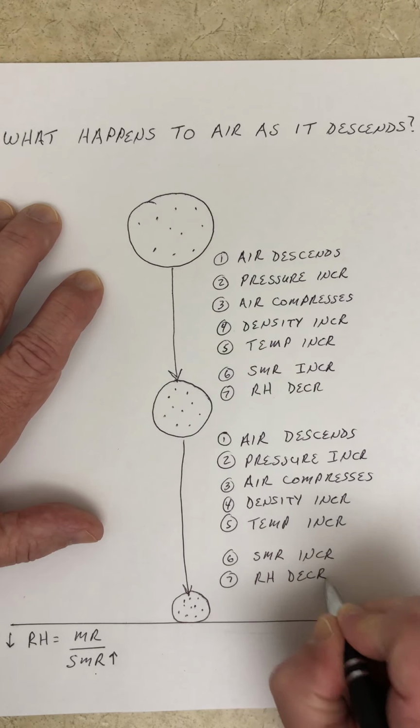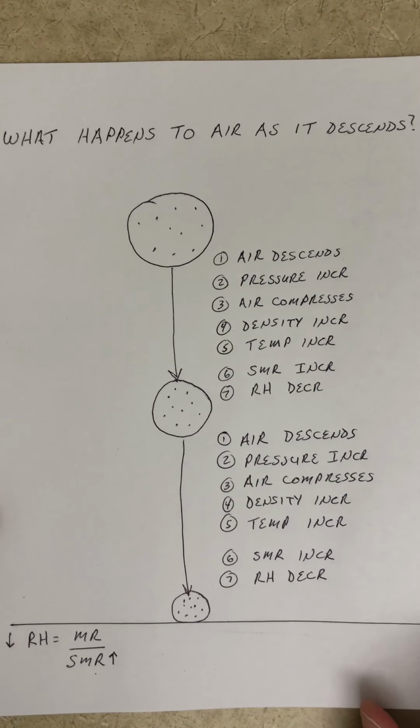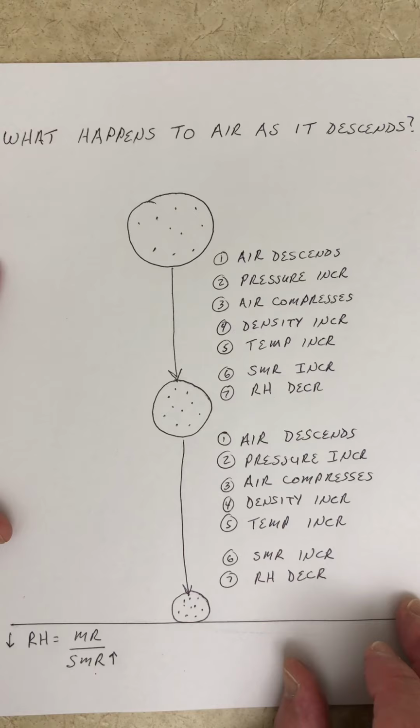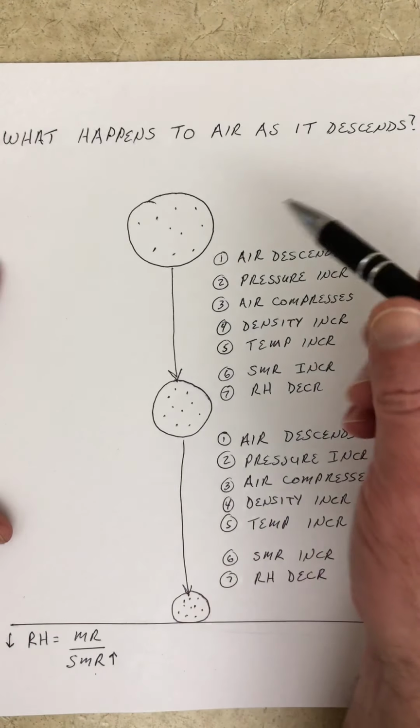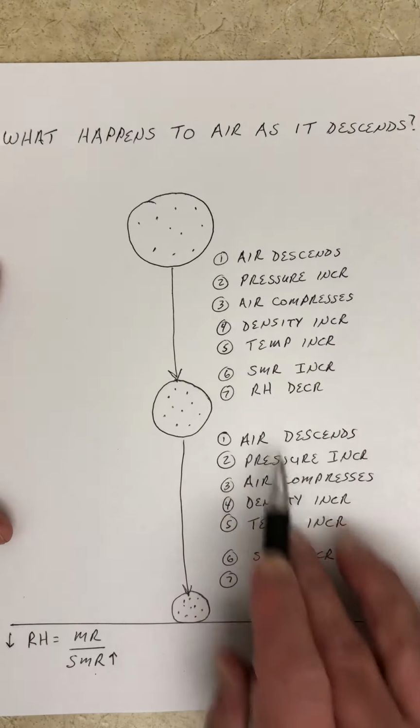A good practical example of this is if you've ever noticed the leeward side of mountains in the United States. The leeward side of mountains tends to be brown and pretty barren, tumbleweeds blowing around, and that's because as the air descends down the side of a mountain, all of these steps are in place.